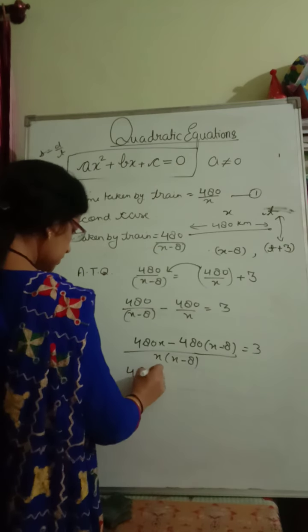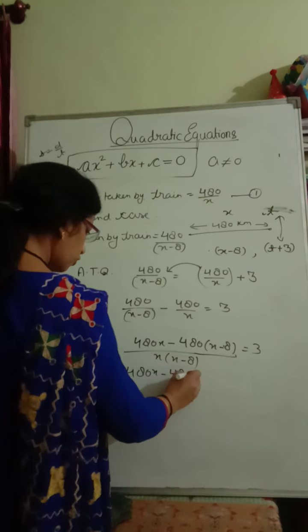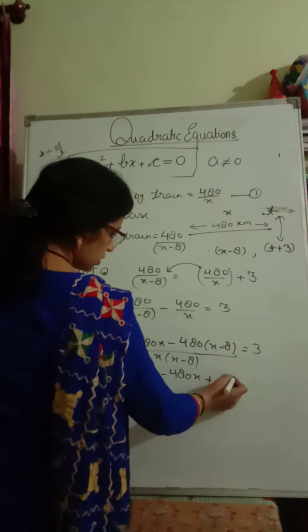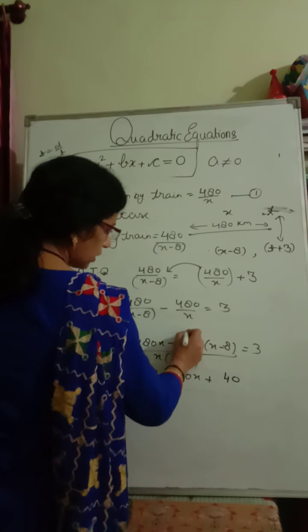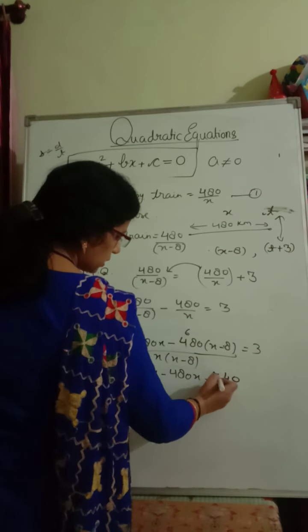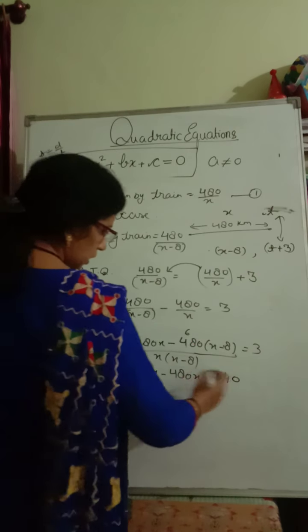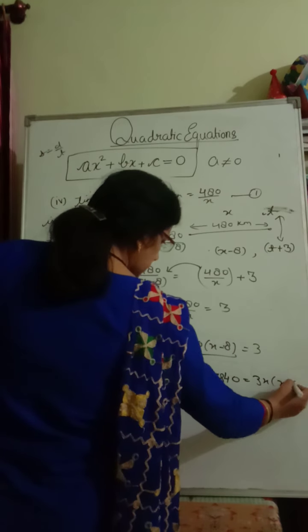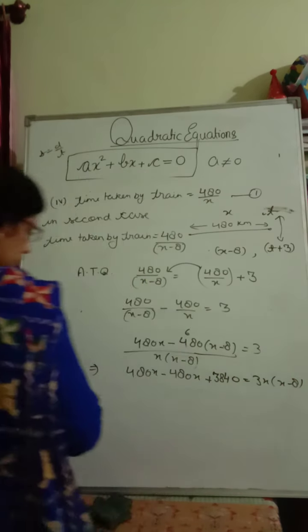480x minus 480x plus 480 into 8. 8 zeros are 0. 8 8s are 64, 4 carry over 6. 8 4s are 32, 32 and 6, 38. Okay. Equals to 3 into x minus 8. ये cross multiply करके यहाँ कर लो. ठीक है.